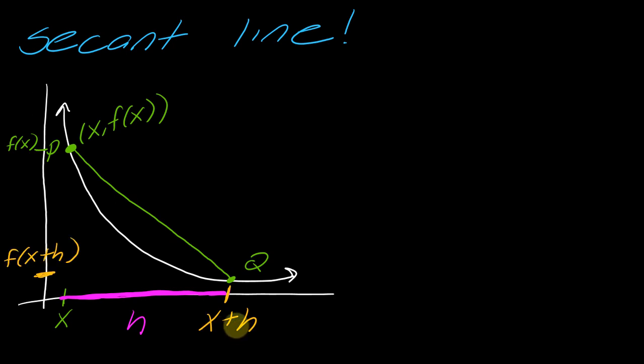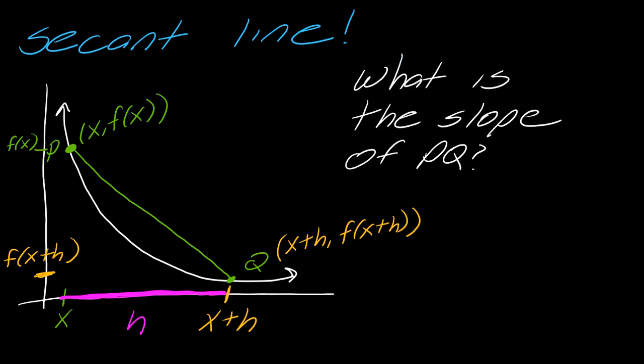So now, here's where I'm at on the y-axis, f of x plus h. Just to be clear, we think of the point Q as x plus h, f of x plus h. It's very important that you frame the h as a distance, okay? So we're changing the way that we think about points. We want to really track how they are in the distance between one another.